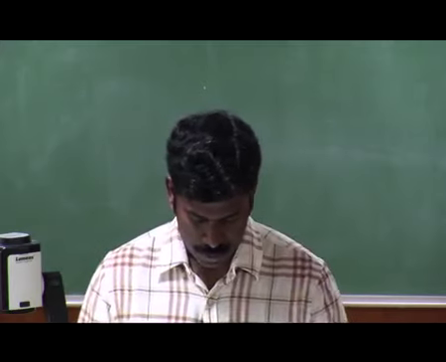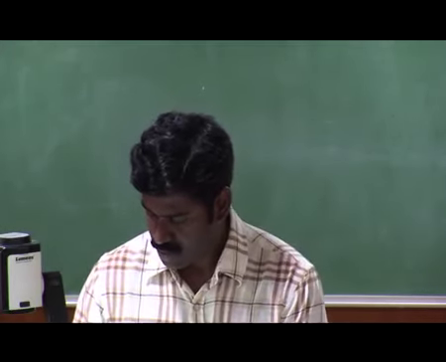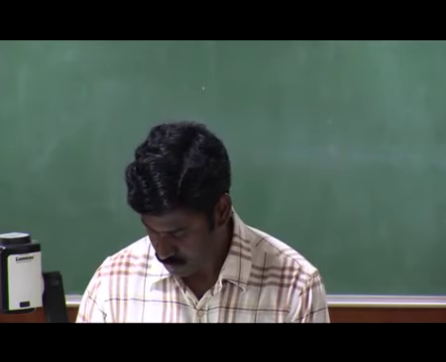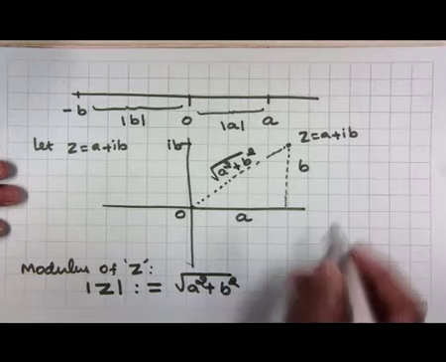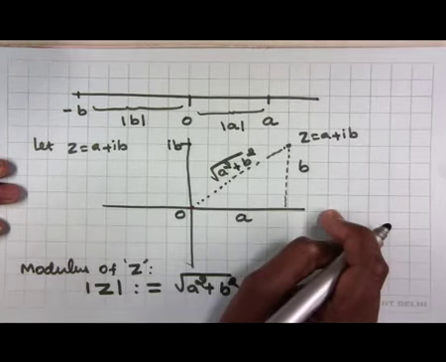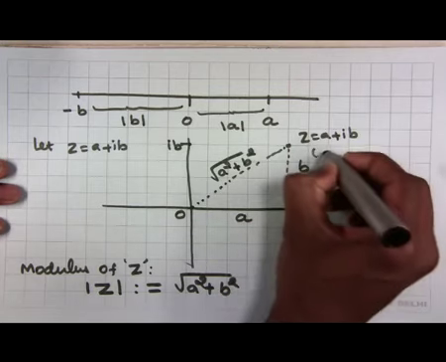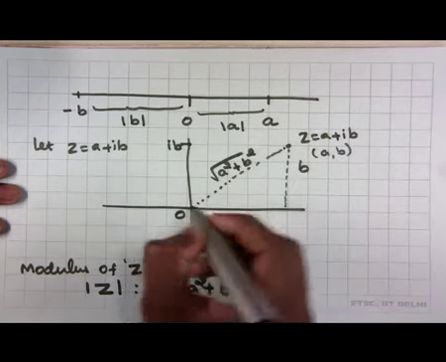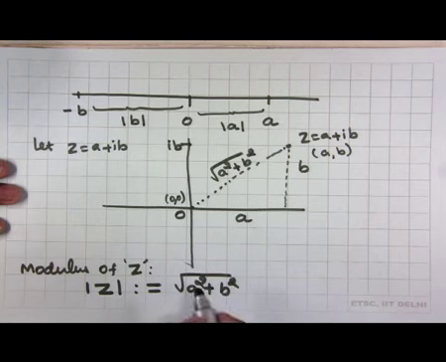Now, what we observe immediately is that it is always a non-negative number. And one more point: if we see the association to the R2 plane, this point is a comma b, and this point is 0 comma 0.